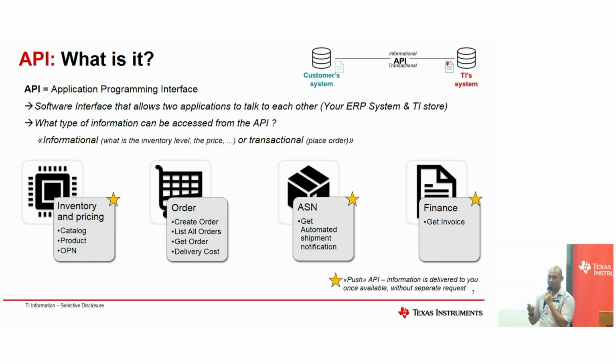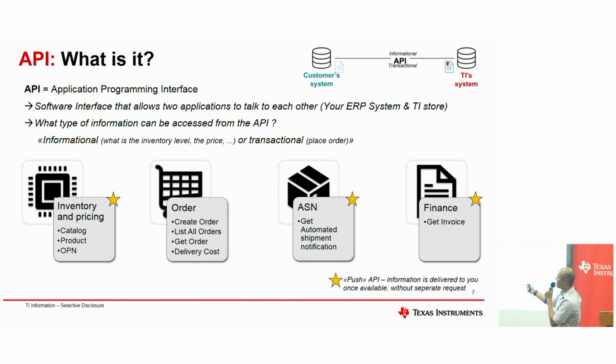You can imagine API like a waiter in a restaurant. Without API, it's like a self-service restaurant. You have to go to the restaurant, order the food yourself from the chef, and then after eating, you need to go and make payment yourself. But with API, when you go to the restaurant, the waiter will do everything for you. This is pretty much what it looks like. It will go directly into the TI system and give you the feedback.